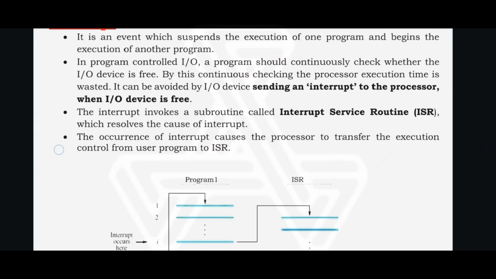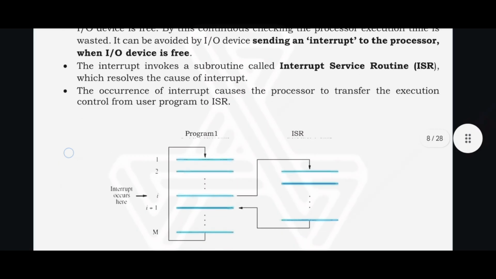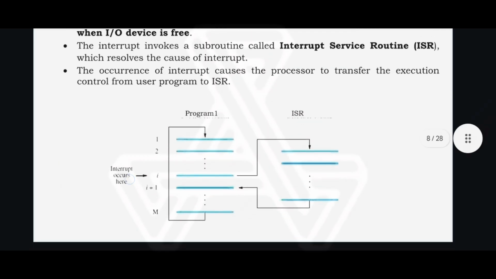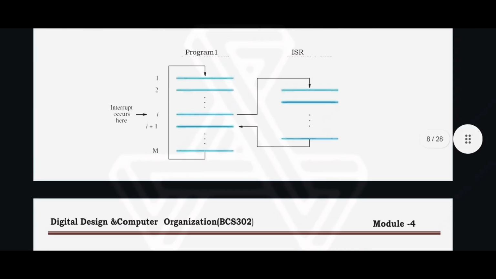It can be avoided by the I/O device sending an interrupt to the processor when the I/O device is free. The interrupt invokes a subroutine called the interrupt service routine (ISR), which resolves the cause of the interrupt. The occurrence of the interrupt causes the processor to transfer the execution control from the user program to the ISR. Interrupt occurs here, program 1 to ISR.